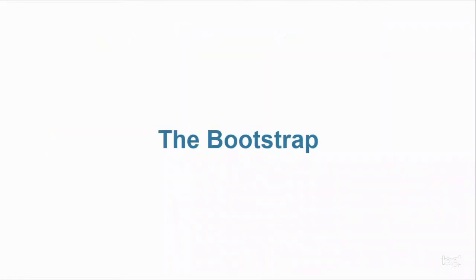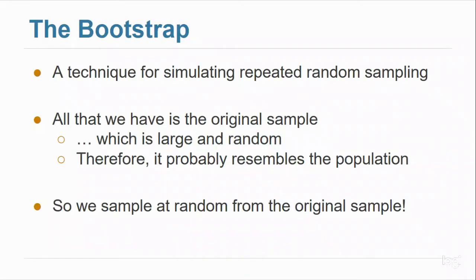The idea that comes to our rescue is called the bootstrap. The bootstrap is a technique for simulating repeated random sampling. All that we have is the original sample, which is large and random. So it probably resembles the population.